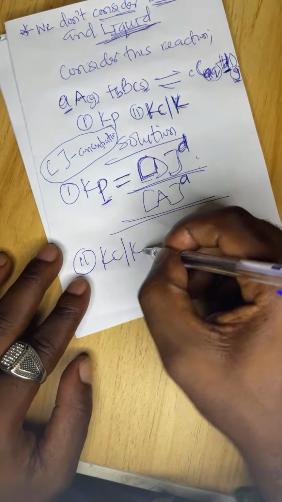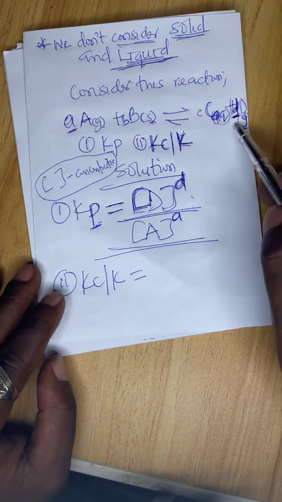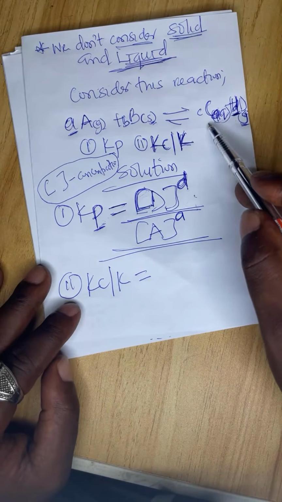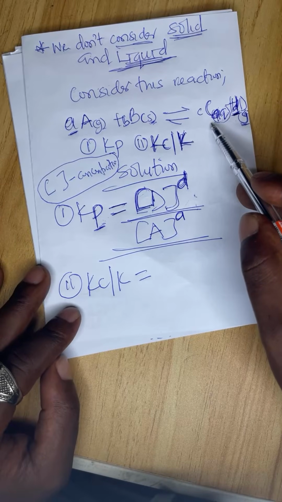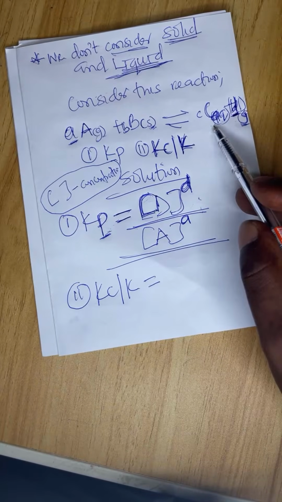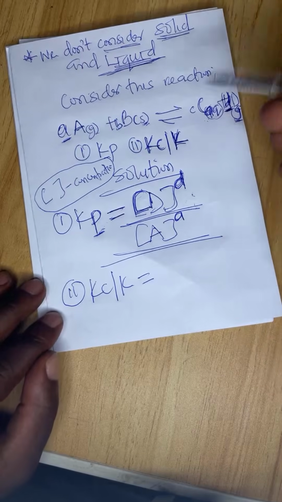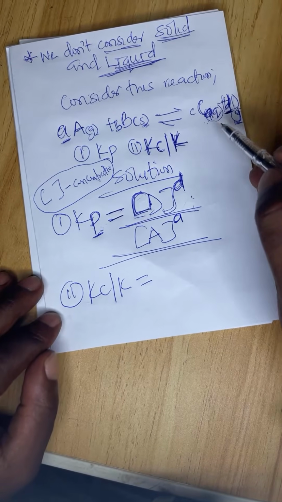Kc. Now, product over reactant. Product here: will I write for C? Yes, you guys are slow with the response.